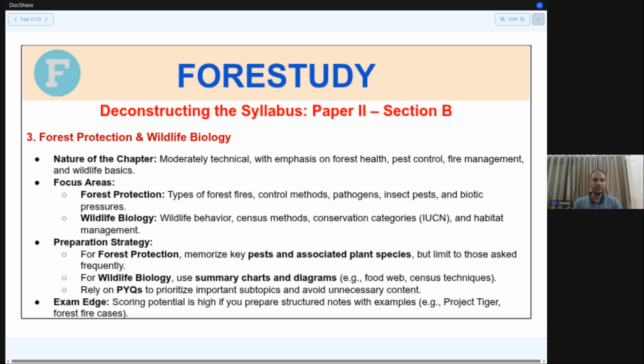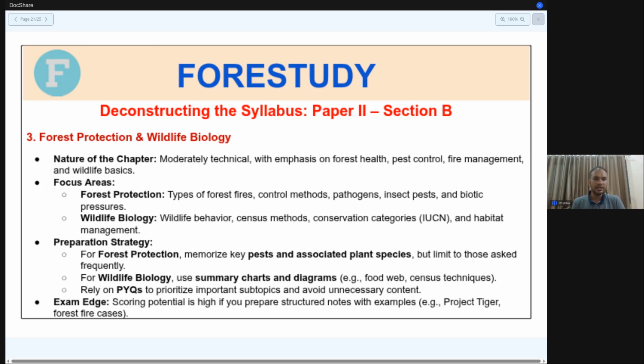Like if you have prepared nursery diseases for conifer forest or chir pine, that is Pinus roxburghii, and a specific question is asked about Pinus roxburghii elsewhere, you can also mention these examples. This gives a fair advantage to the candidate, because it appears that this candidate has prepared well.